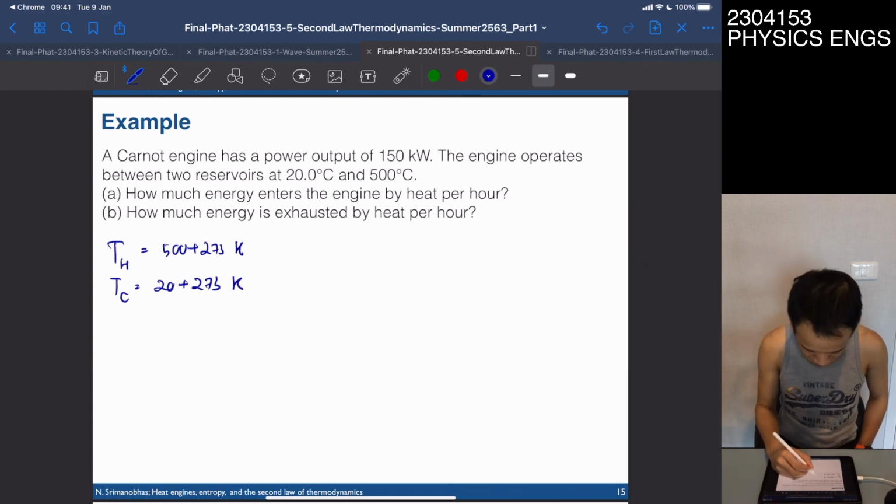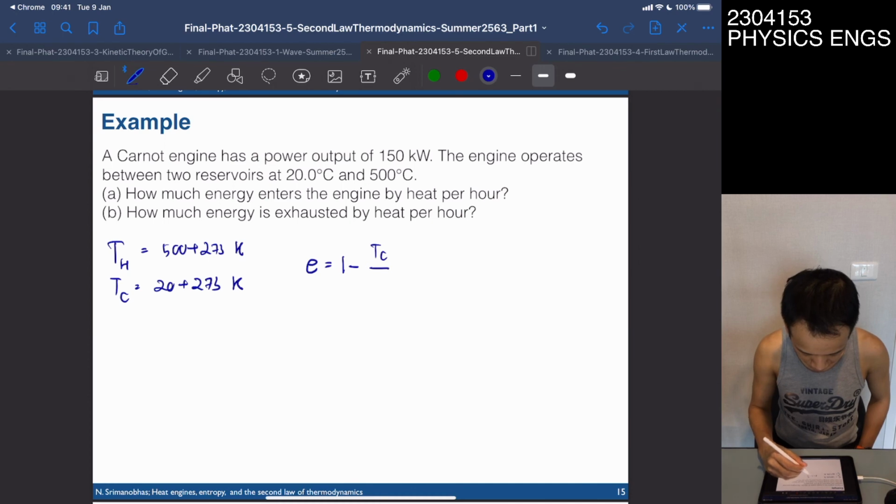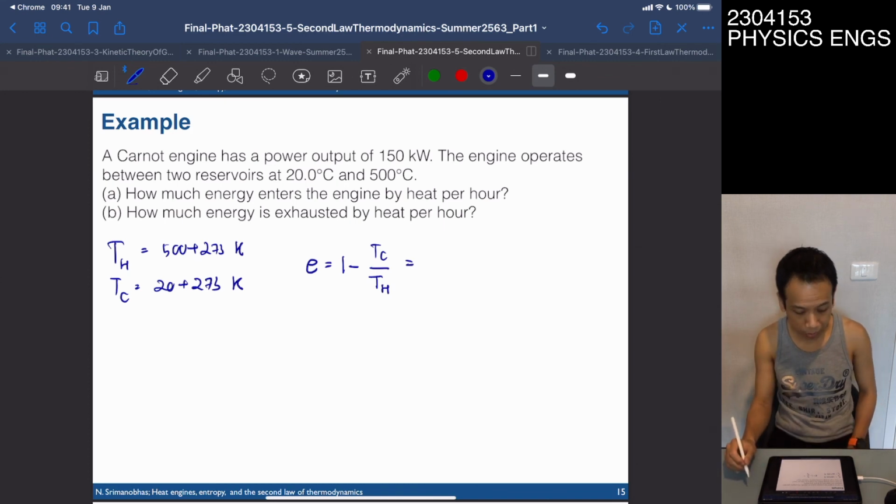So for the efficiencies, you have the two efficiencies. You have the efficiency of the Carnot engine, 1 minus TC over TH, right? This is how you calculate.